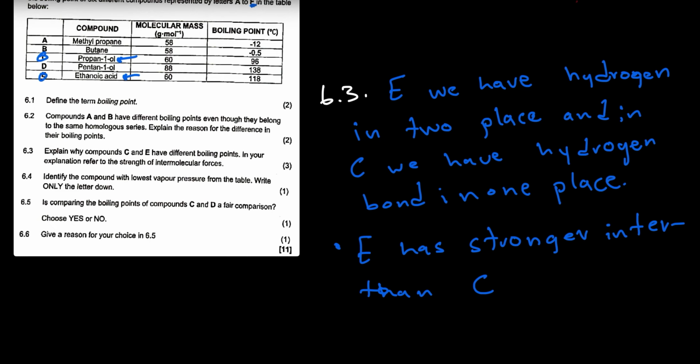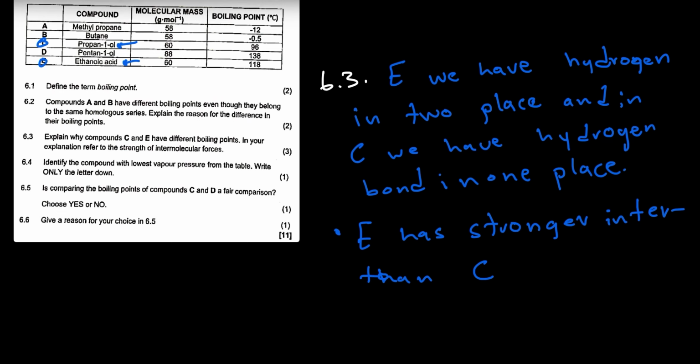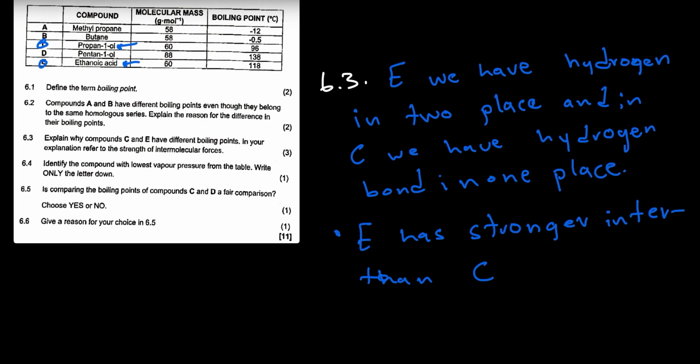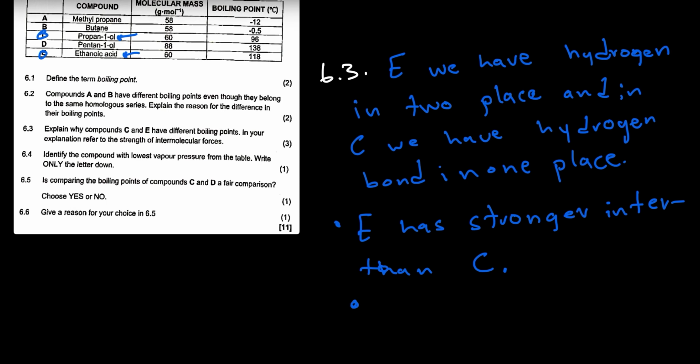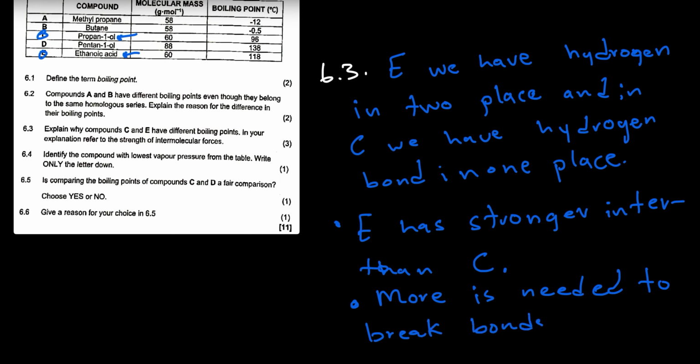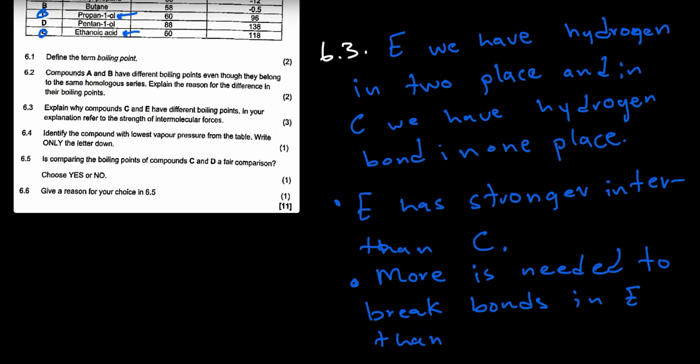It is because E is having hydrogen bonds in two places. So after you mention that E has stronger intermolecular forces than C because of the hydrogen bond, you just specify that more energy is needed to break bonds in E than in C. So that should be 3 statements that should give you that 3 marks there.